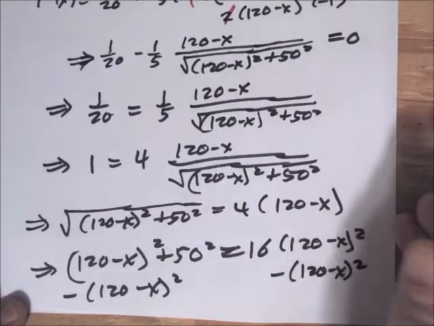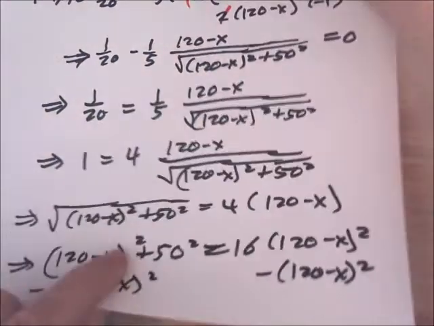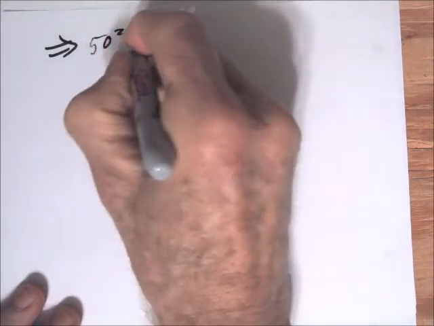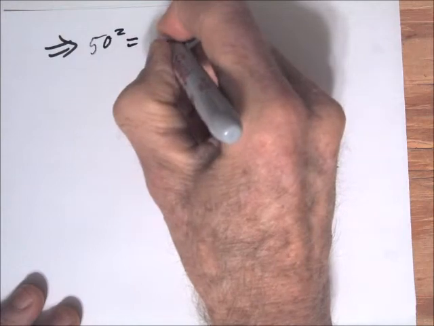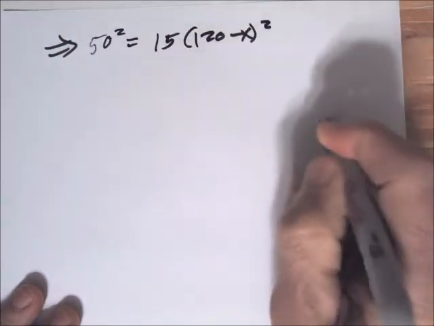And that will give us 50 squared equals 15 times 120 minus x quantity squared.